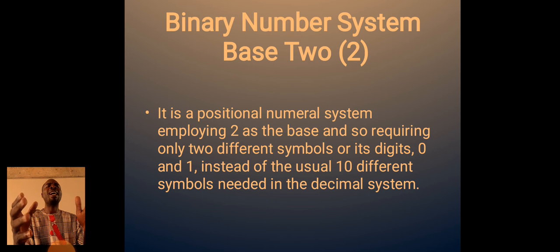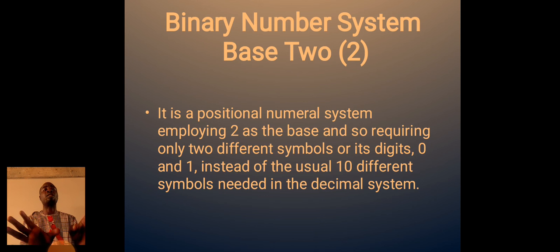Where do we apply this binary number system mostly? We apply it mostly in our computer systems. Our computers, our ATMs, even our phones, anything we type or write, the computer in its brain sees it as 0, 1, 0, 1, 0, 1.